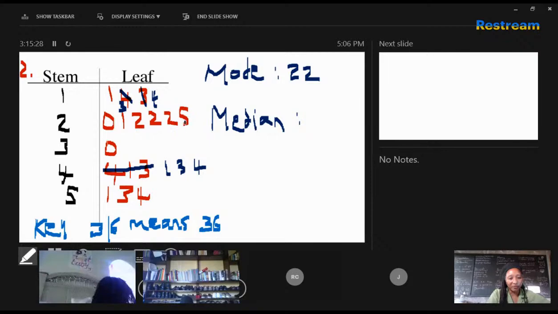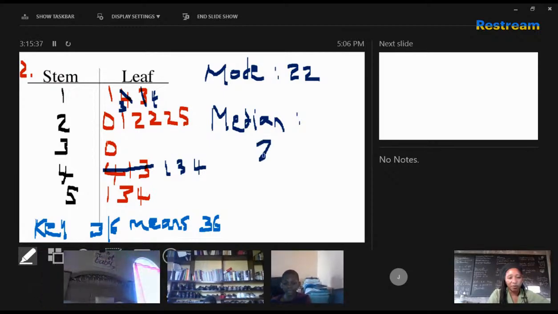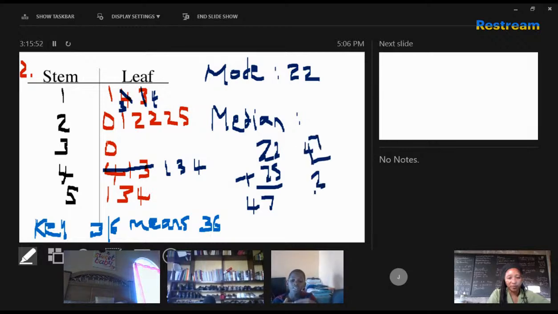And so these two would fall in the middle. 1, 2, 3, 4, 5, 6, 7. So 22 and 25, we need to add them and divide by 2. So that's 47 divided by 2, which is 23.5. Correct, 23.5. So that's the median.